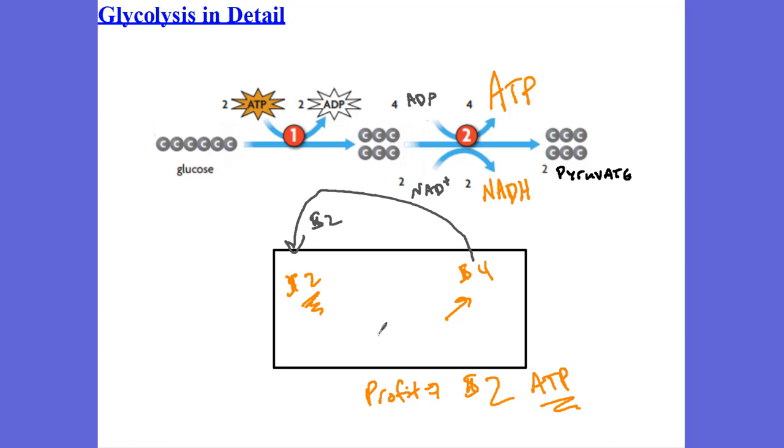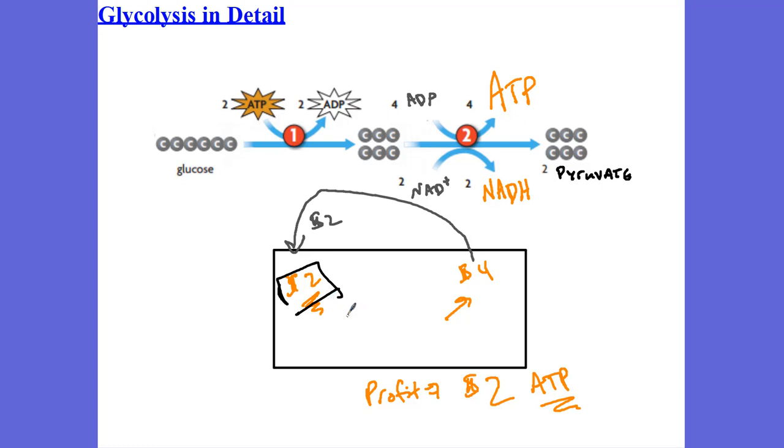Now, think about that logically in terms of Darwinian evolution. This is why Darwinian evolution doesn't make sense. Where did the first 2 molecules of ATP come from? Where did the first energy to break the first bond of glucose come from? Because 2 of those ATPs are coming from the products of glycolysis. Glycolysis breaks Darwinian evolution down to its knees.